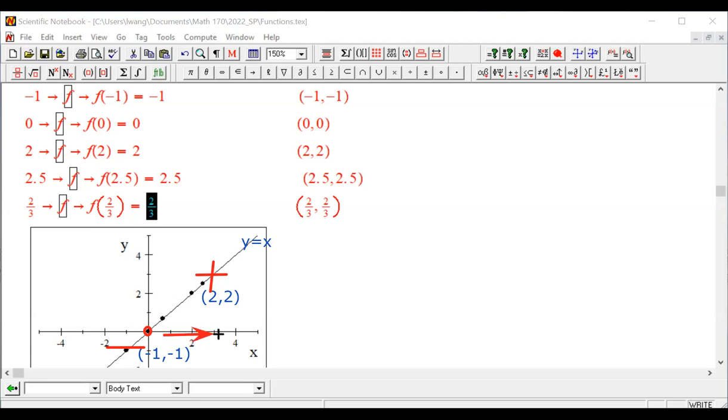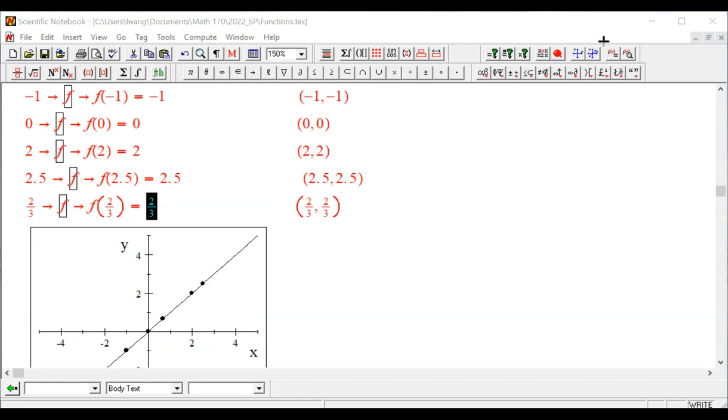When the input is getting larger and larger, what happens to the output? The output is getting higher and higher. That's actually called increasing. We're going to talk about that property in the future.